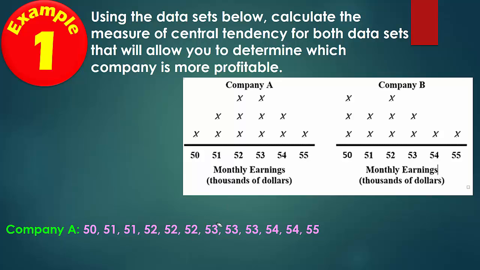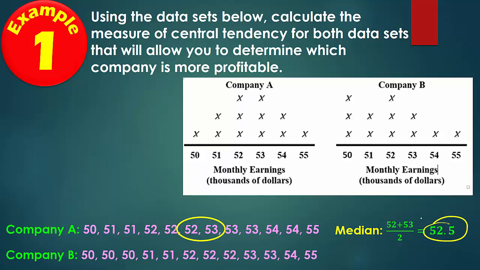In this case, 52 and 53. Okay, so that would be your median. Now you can't have 2 numbers as median, so what we do is we take those 2 and add them together and divide by 2, which gives us our actual median of 52.5.